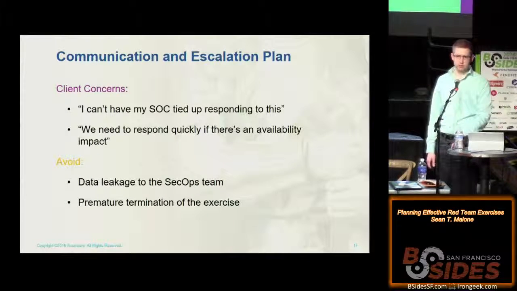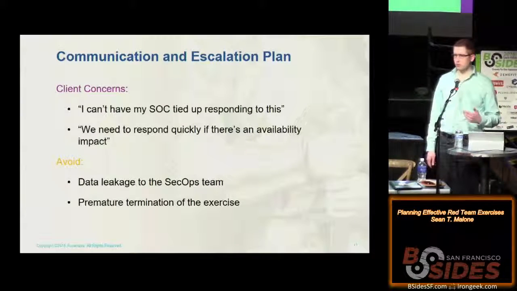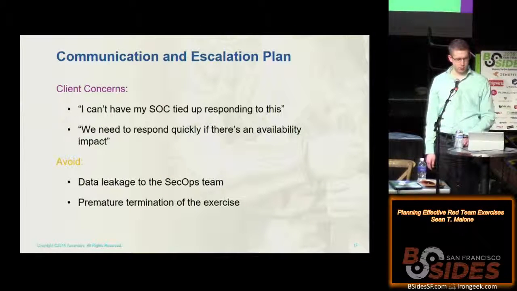Because that means that if this was a malicious attack, they're going to shut down their incident response process while they're still being attacked in a stealthy, covert manner by a malicious adversary. That's a problem. So we want to take all of that into account in planning for the communications and the escalation process with the client and with that primary point of contact.